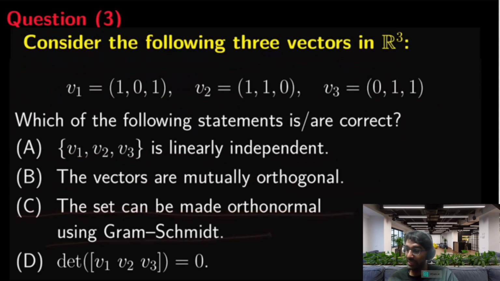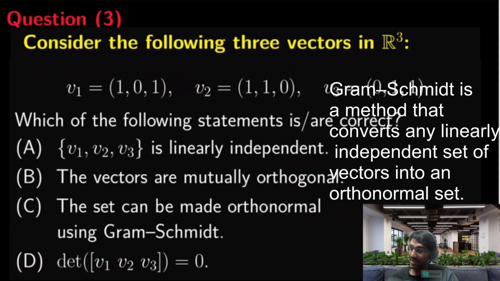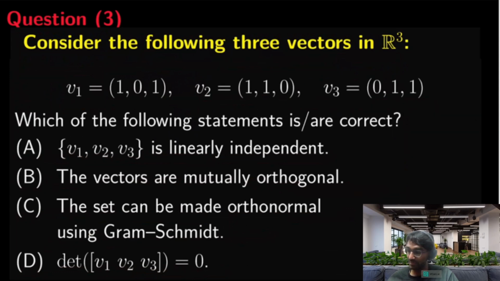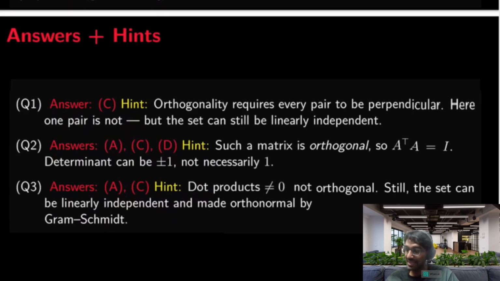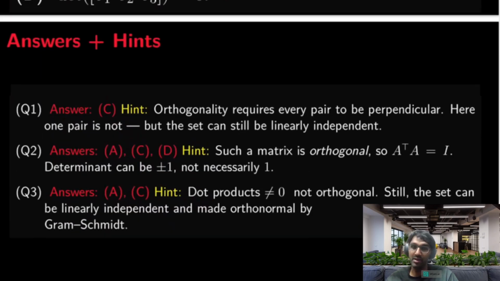Option D, determinant of V1, V2, V3 is 0. By the way, Gram-Schmidt is a method which can make any set of vectors orthonormal. So you can see the slide for the answers and hints.